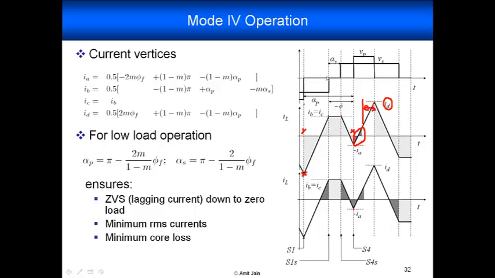So the volt second across the transformer also goes down to 0, so the core loss in the transformer also goes towards 0 as we keep going down in load. So this choice of the freewheeling intervals gives us all the three benefits: zero voltage switching down to 0 load, minimized RMS currents, and also reduced core loss at low loads.